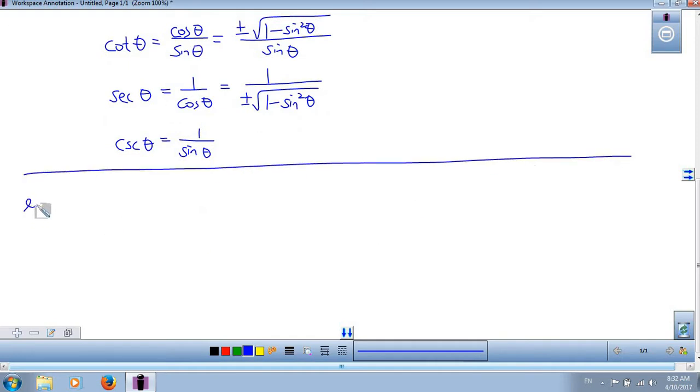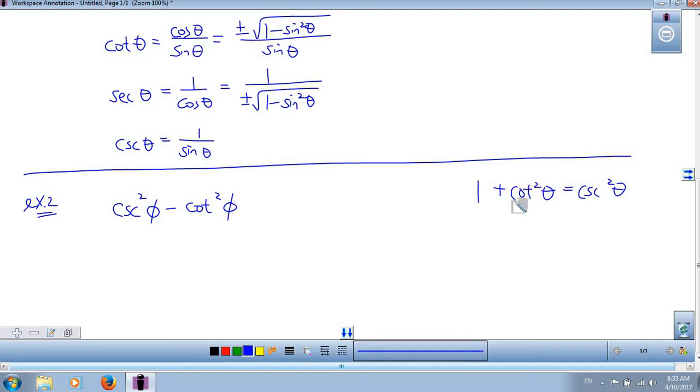Alright, let's look at some other examples. Let's take a look at this: cosecant squared phi minus cotangent squared phi. How do I express this using a single expression? What's the relationship between cosecant squared and cotangent squared? From the Pythagorean identity, 1 plus cotangent squared theta equals cosecant squared theta.